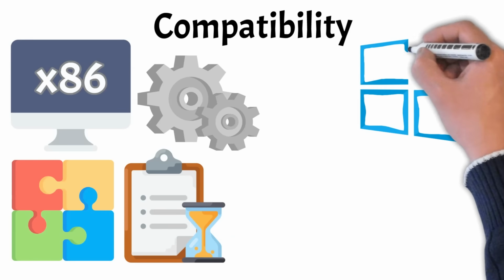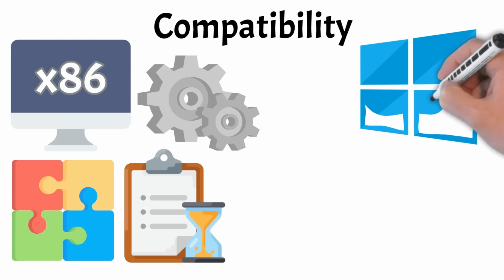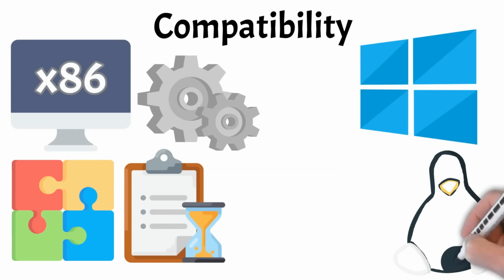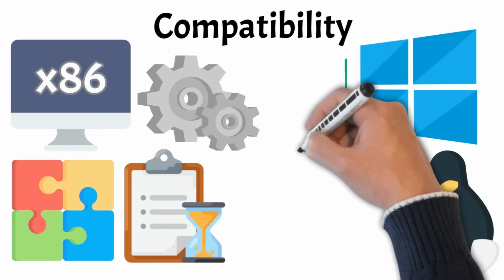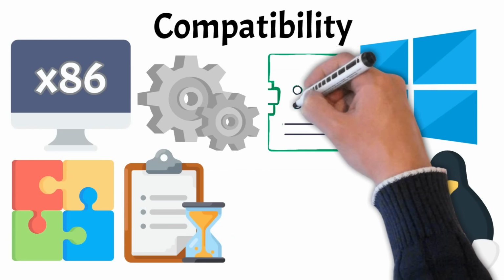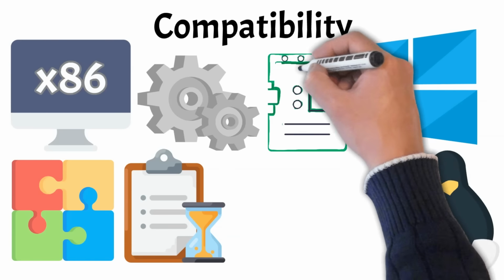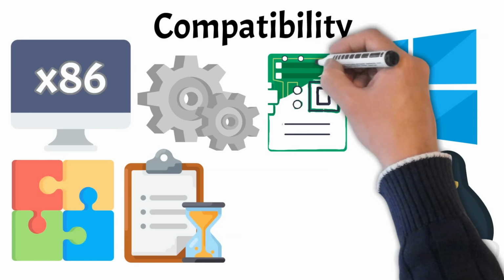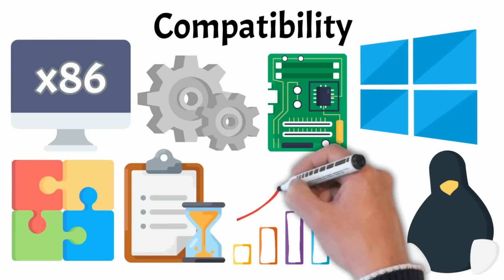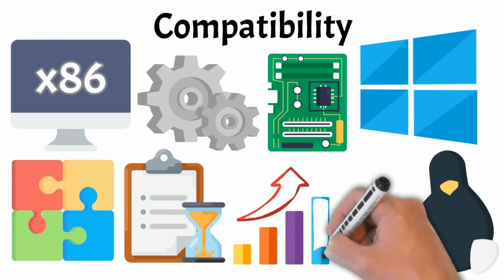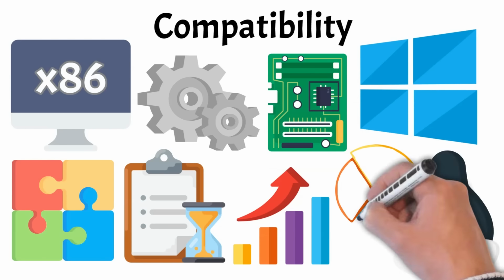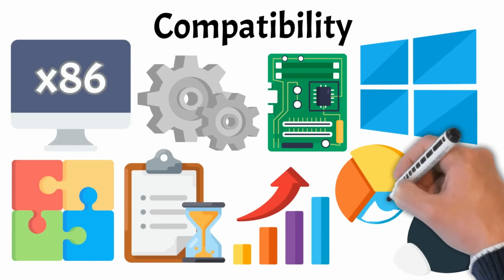While some operating systems, like Windows and Linux, offer ARM-compatible versions, many applications still require adaptation. This difference in compatibility also extends to peripherals and drivers, as x86-based systems often have broader support for external hardware, whereas ARM devices may require specialized drivers.